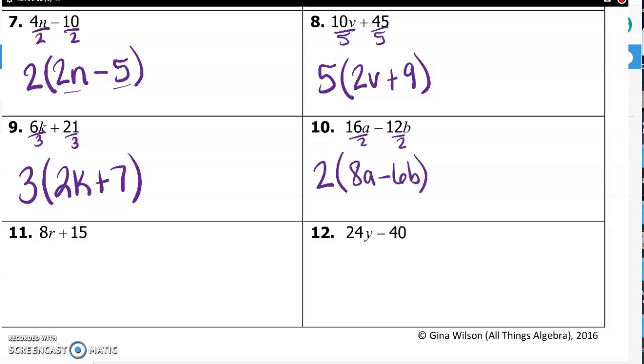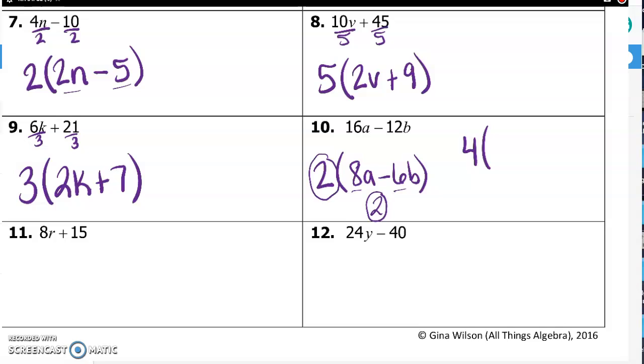So I might think I'm done, but you are not done because there is a number that goes into 8 and 6. So the number that goes into 8 and 6 is another 2. So if you have this 2 out here and this 2 out here, that means 4 is what actually went into both of those. So I'm going to erase those and divide by 4 instead.